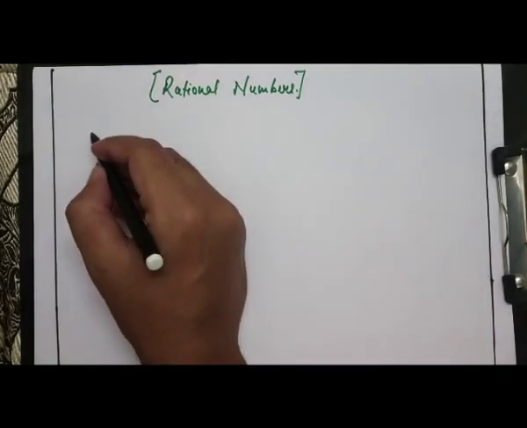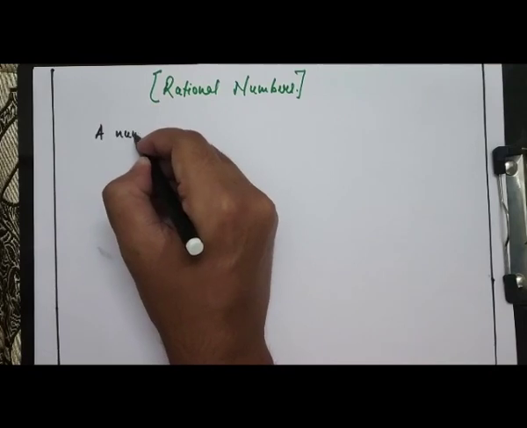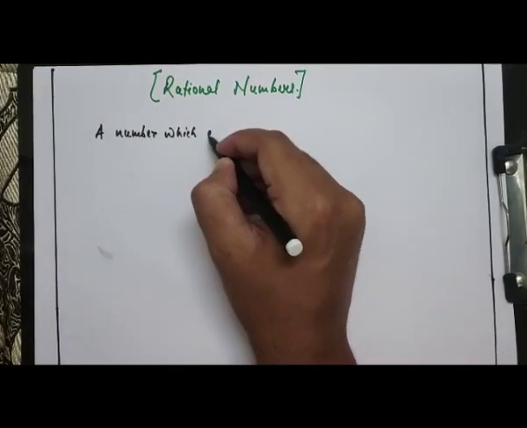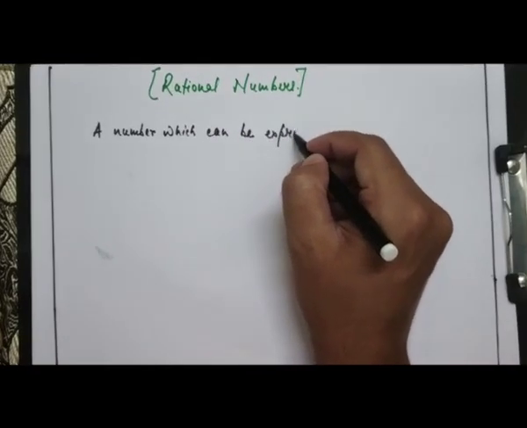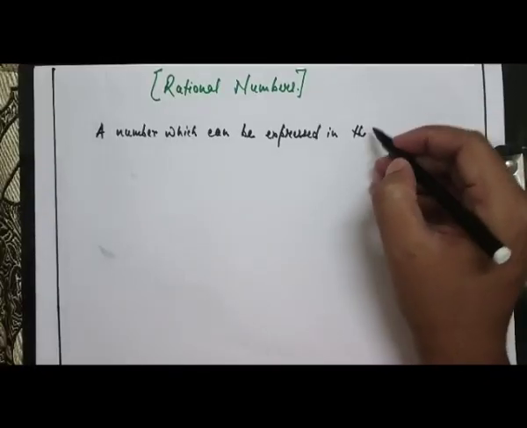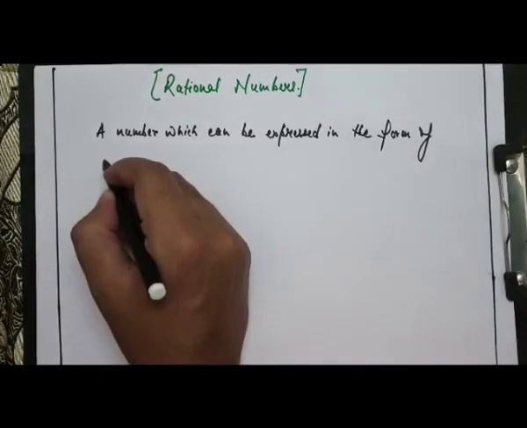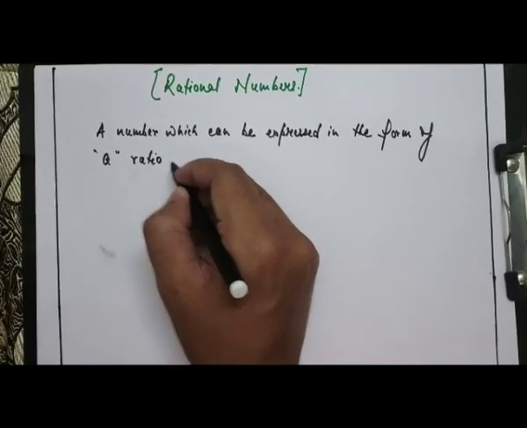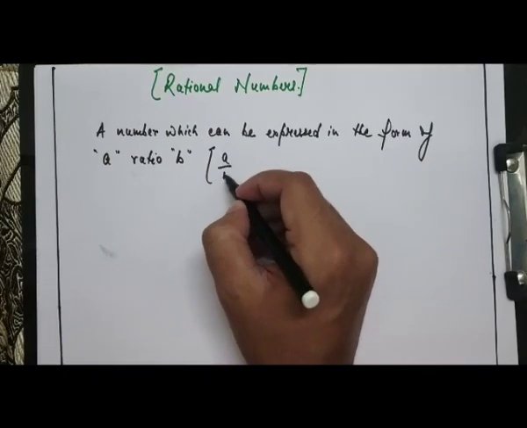According to the definition, a number which can be expressed in the form of a ratio b, which means a upon b.